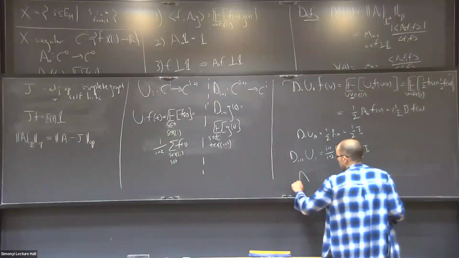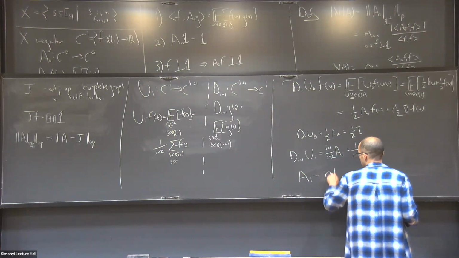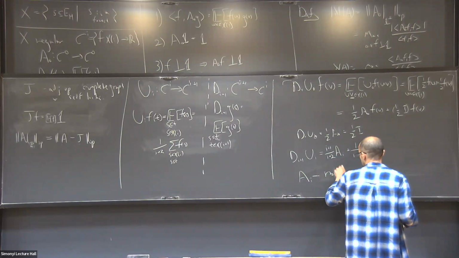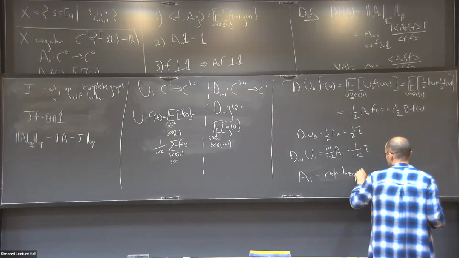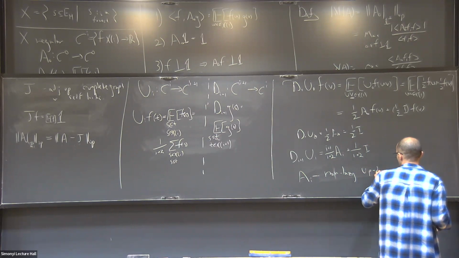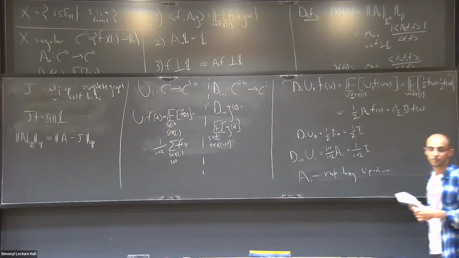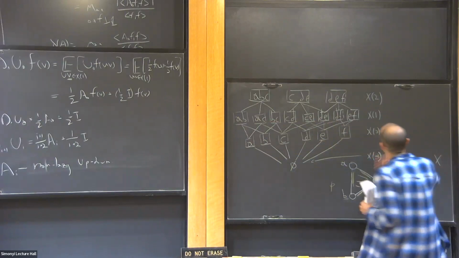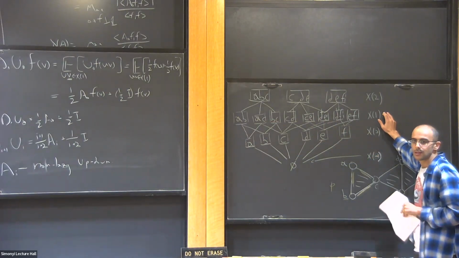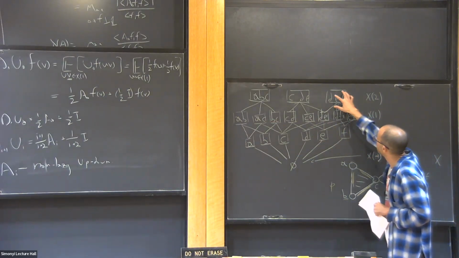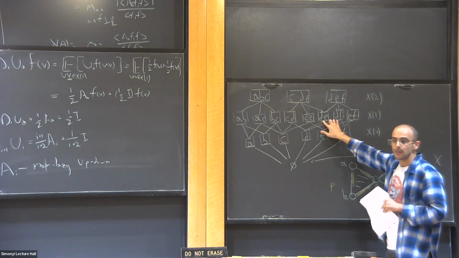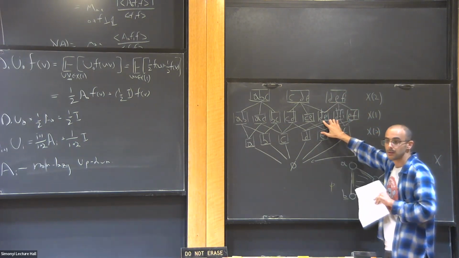Let's write this: Ai is the non-lazy up-down. So what I mean is the A1 non-lazy up-down operator goes from edge to triangle to edge, but it never stays in place.